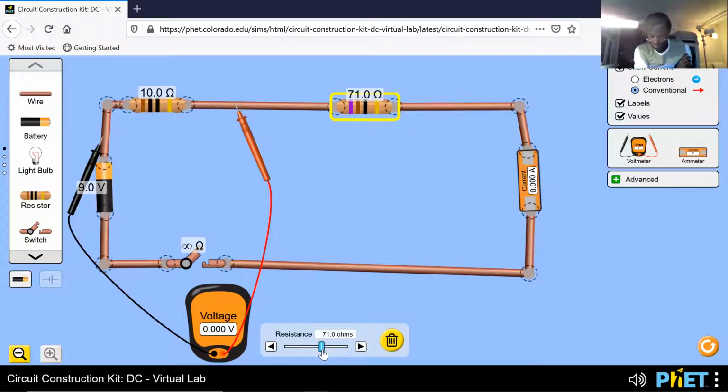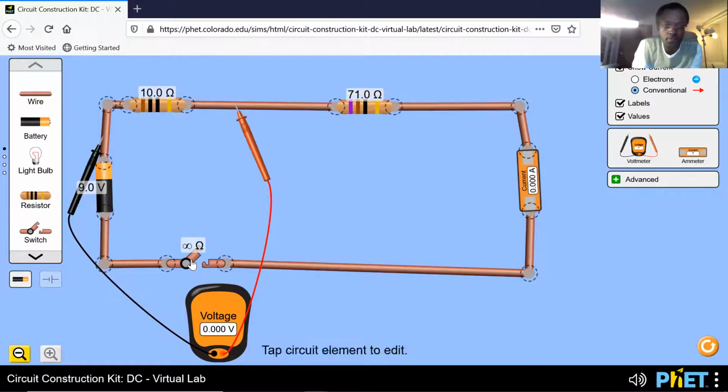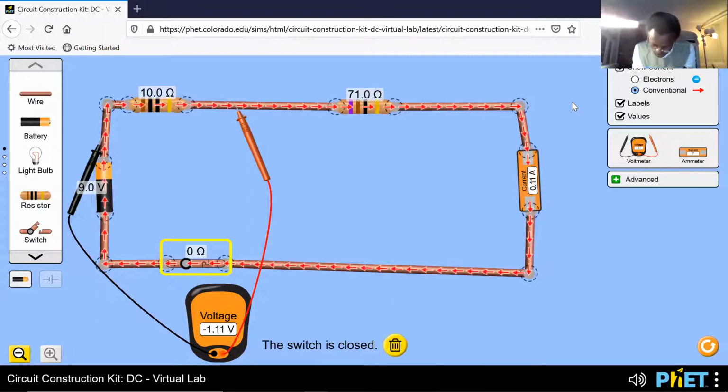Now what are we supposed to do? Record your battery voltage, record all other data in table 2 below. Okay, so let's close the circuit and current flows. You're supposed to record the voltage and the current through the resistor.